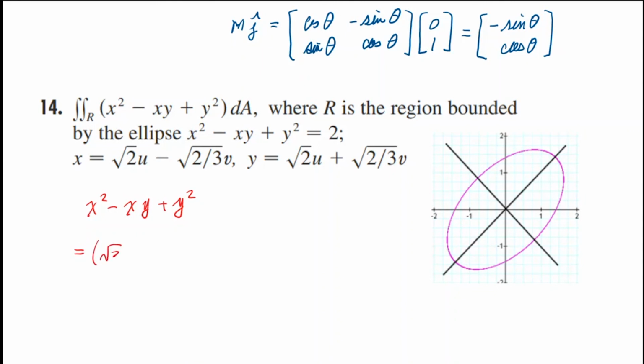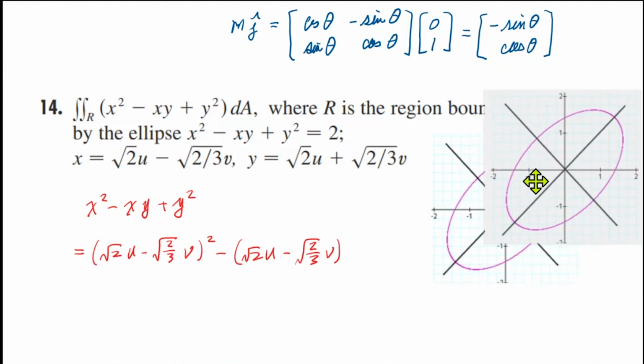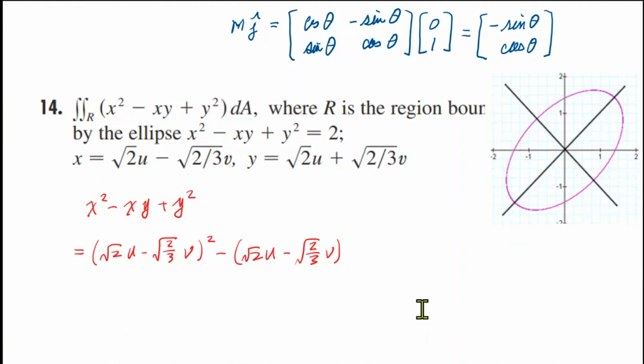So I will have root 2 u minus root 2/3 v, squared, plus root 2 u minus root 2/3 v times y, and y is the second one, root 2 u plus root 2/3 v, and then plus root 2 u plus root 2/3 v squared.